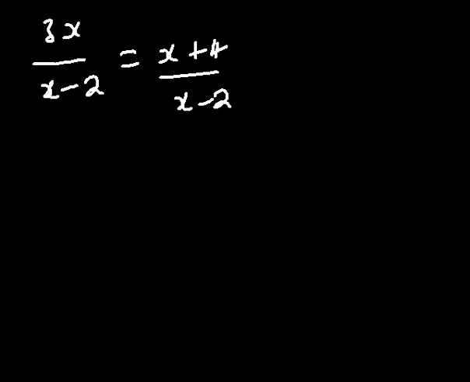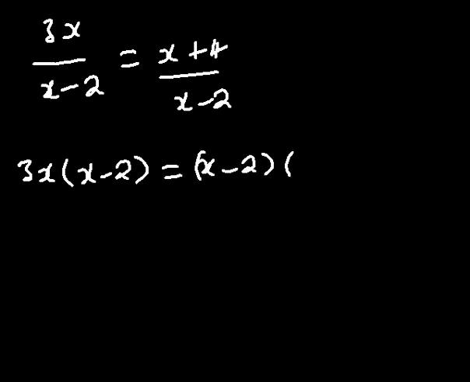In this case, we'll have 3x times x minus 2 equal to x minus 2 times x plus 4. And we'll have 3x squared minus 6x, which is equal to x times x, that is x squared.